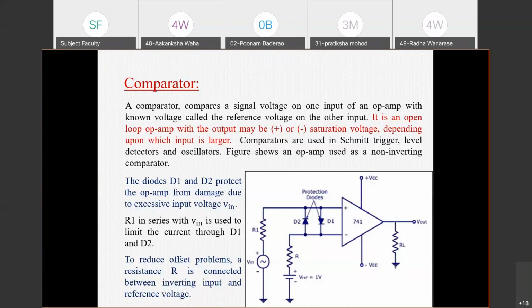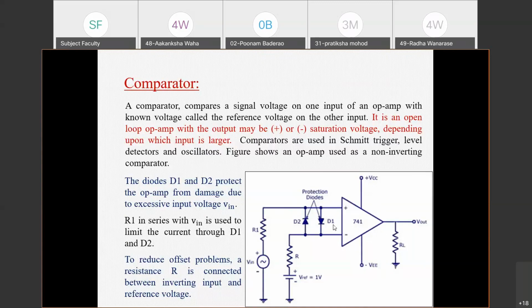Now the question is, if it is positive, what will the value be, and if it is negative, what will the value be? I have already mentioned this in an earlier session: when there is no feedback, that is, when you are using your op amp in open loop configuration, then your op amp will always have one of two values, either plus Vsat or minus Vsat. One would be the plus VCC value, or else minus, also called plus Vsat and minus Vsat.